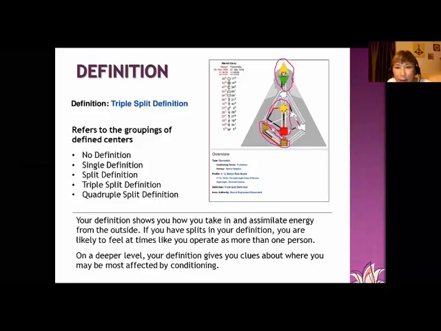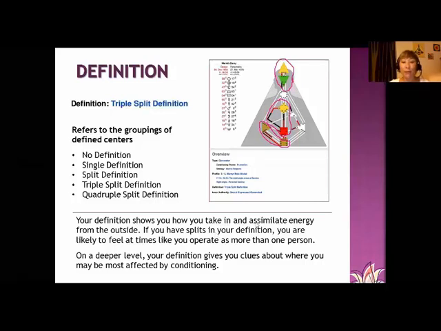This gate would have to be defined, this gate would have to be defined, or this gate would have to be defined in order for the root and the spleen to be connected to the sacral and the G. So there are 3 different sets of energies that she functions from, but they don't talk to each other. They don't connect. So your definition ultimately shows you how you assimilate energy from the outside, how you take it in, how you process it.